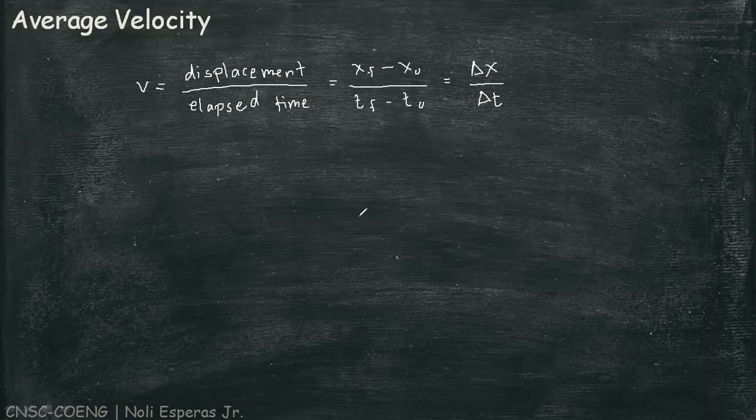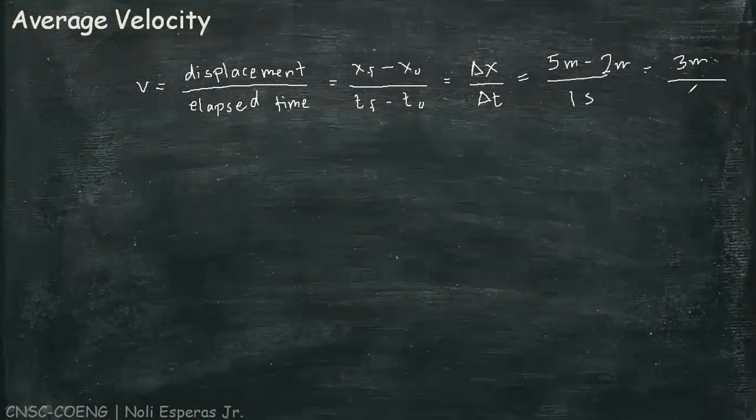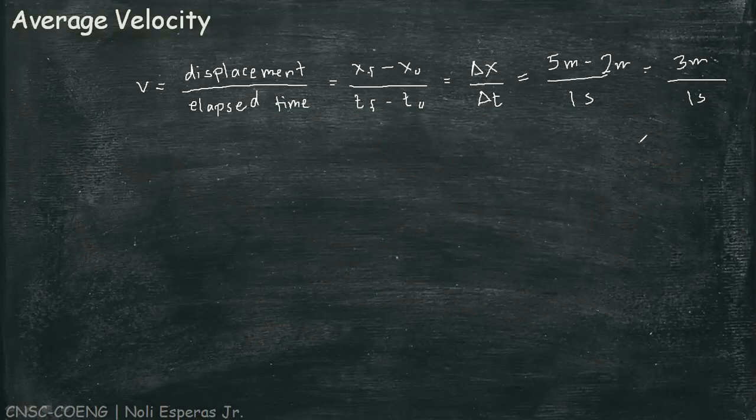Therefore, it has a displacement of 3 meters within, let's say, 1 second. Therefore, its average velocity is 3 meters per second.